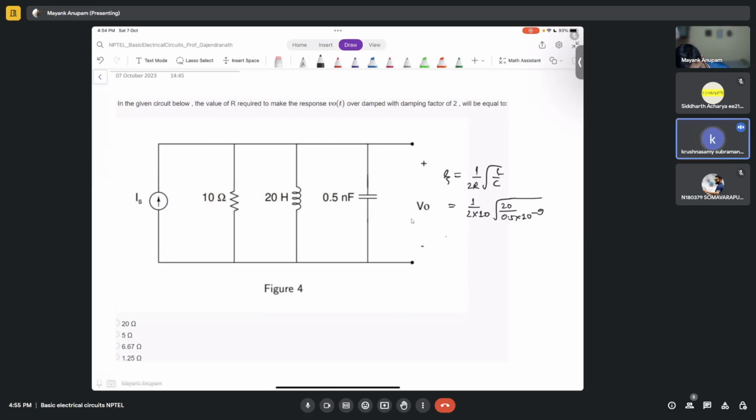So 1 over 20 into root of 20 divided by 0.5 into 10 to the power minus 9, which is 40 into 10 to the power 9. So it becomes 4 into 10 to the power 10.